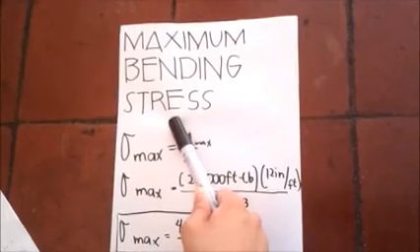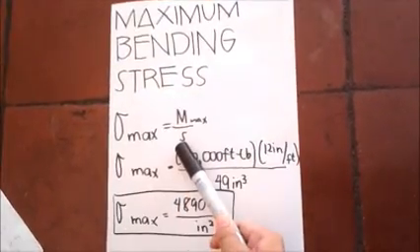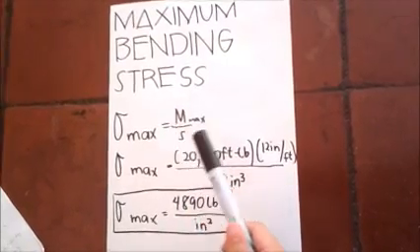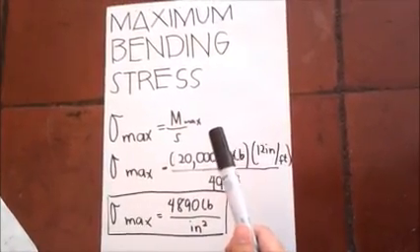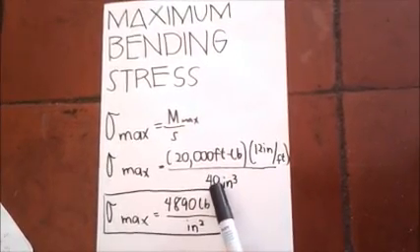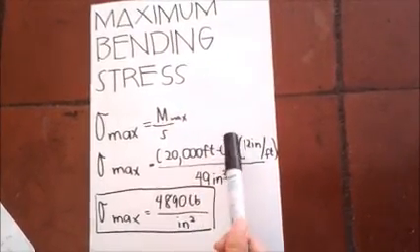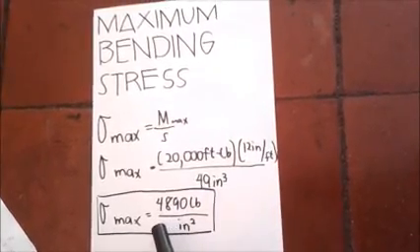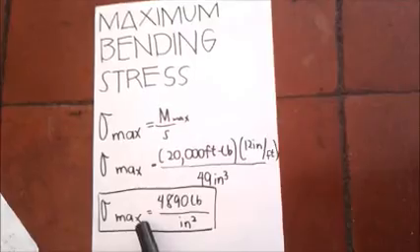Now determine the value of the maximum bending stress. We already know the value of Mmax. For a 10 by 45 beam, the XX section modulus equals 49 cubic inches. Substituting the values and doing the necessary conversion, we will get the value of the maximum bending stress.